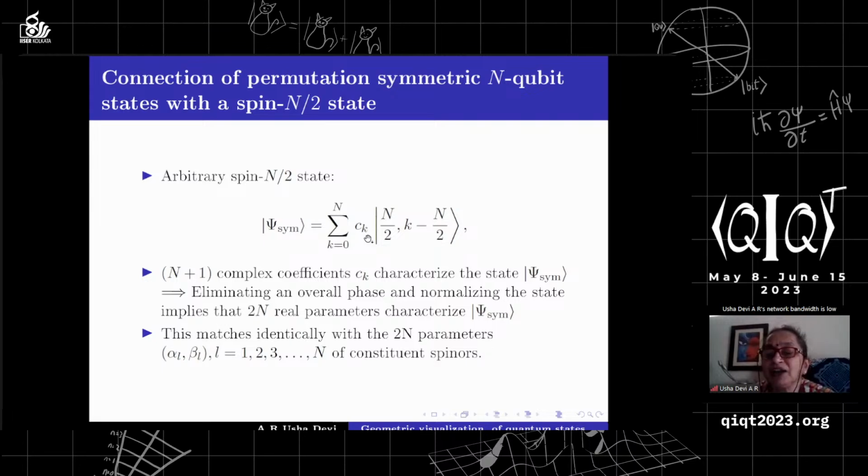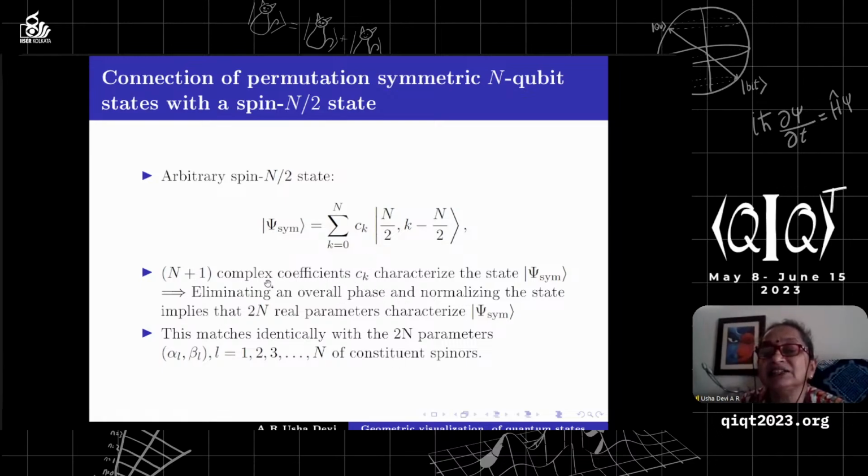So if you take one overall phase and one overall normalization, that will make it n plus 1 into 2, that is 2 real numbers each. So 2 times n plus 1, minus 1 overall phase, minus 1 normalization constant, we get 2n real parameters for a pure symmetric n qubit state.